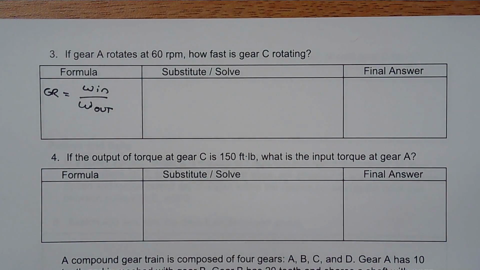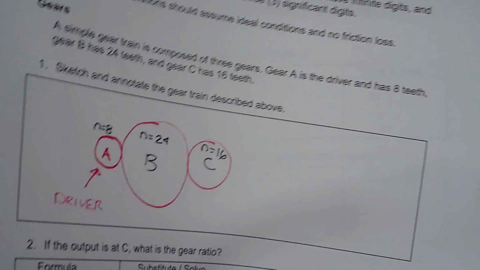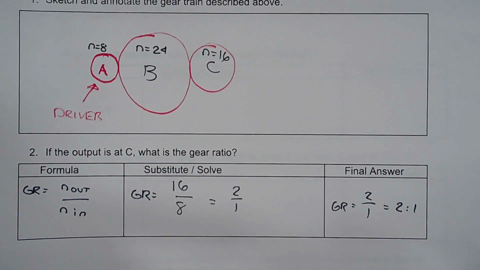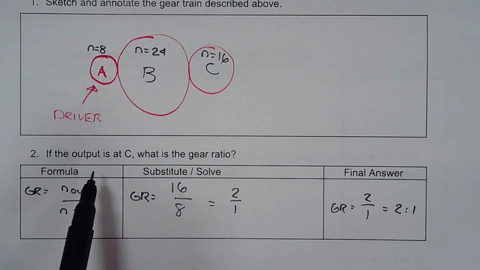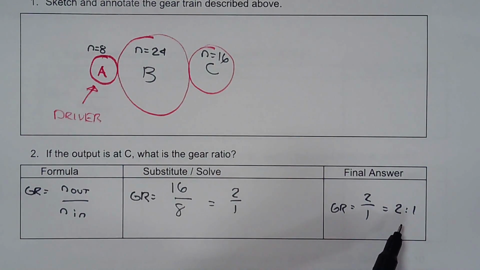Okay, so now we need to substitute and solve. We have to pull information from the prior problem. So we know the gear ratio is 2 to 1, or 2 over 1.